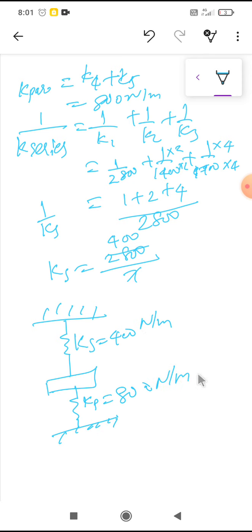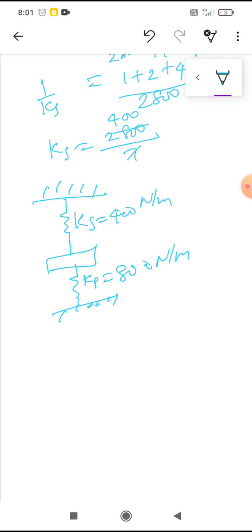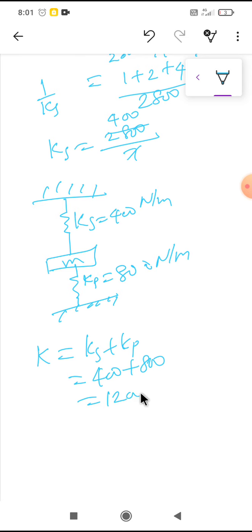Now what is the condition of these two springs? This is also a case of parallel. So the equivalent spring stiffness k will be k series plus k parallel, that is 400 plus 800, so that is 1200 Newton per meter.